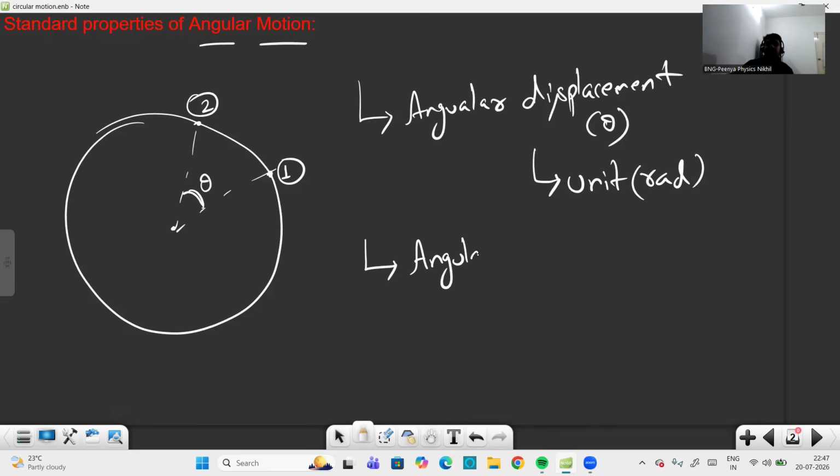Next one is angular speed. We studied speed, which is the rate of change of distance. Here, angular speed or angular velocity, same thing.